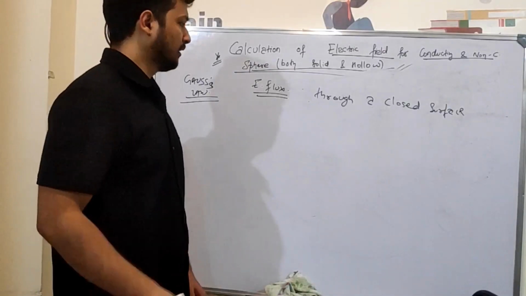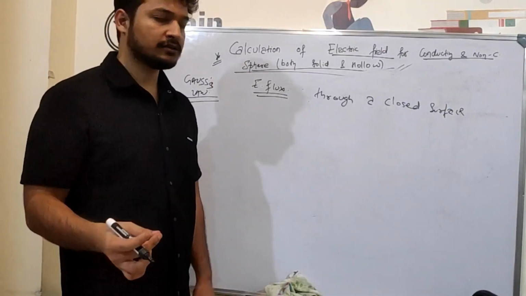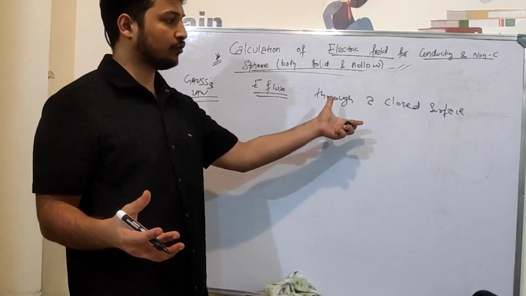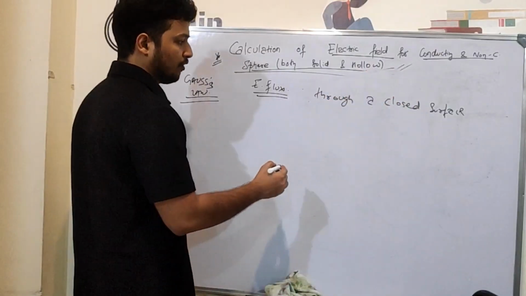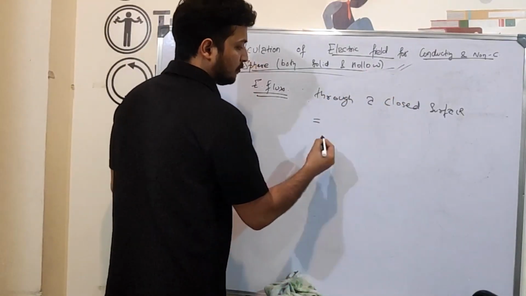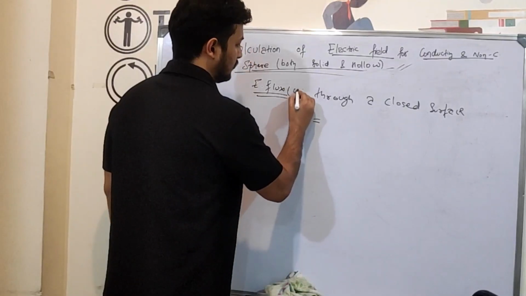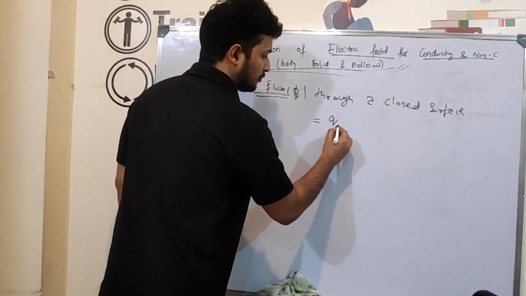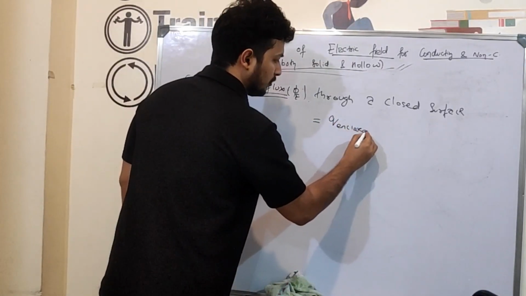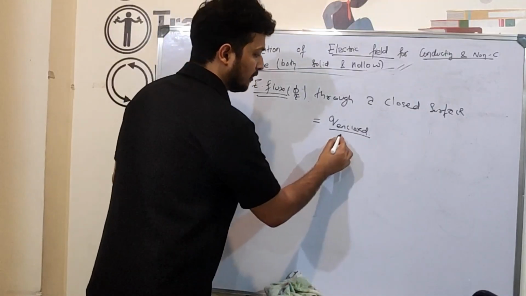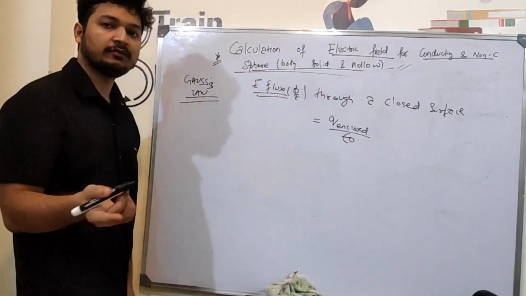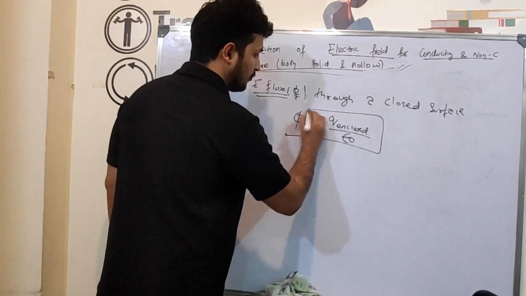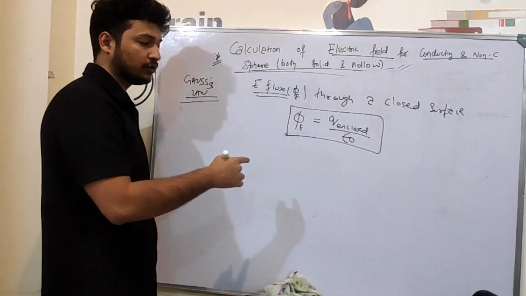It states that the electric flux through a closed Gaussian surface will always be equal to, we represent electric flux by phi, the total charge enclosed by the surface divided by epsilon naught, which is the permittivity of free space. So the value of flux according to Gauss law will be phi equals q enclosed divided by epsilon naught.